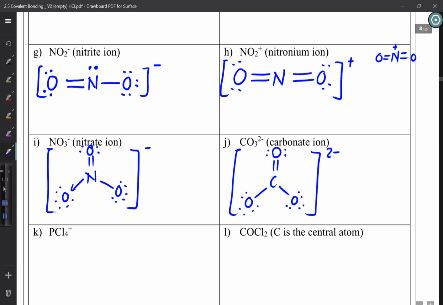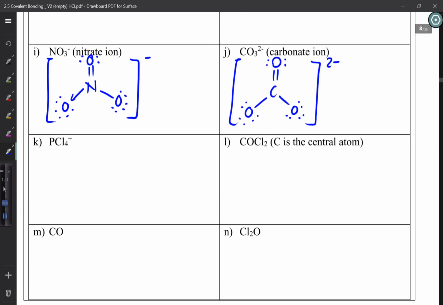Next, what about PCl4 plus? You try to draw it. So in our PCl4 plus, the electron loss comes from which atom?